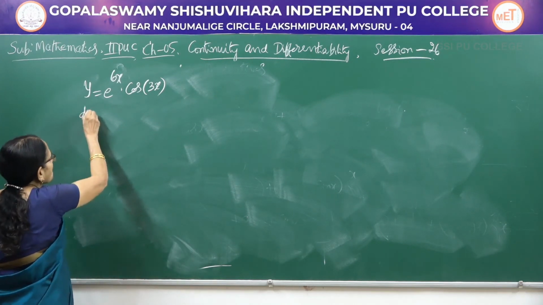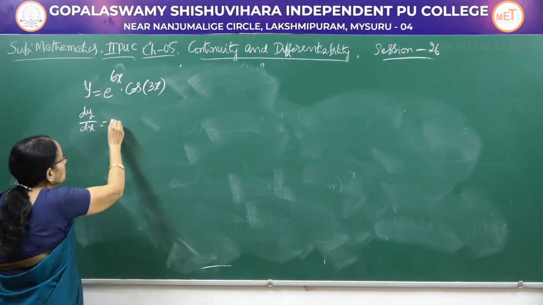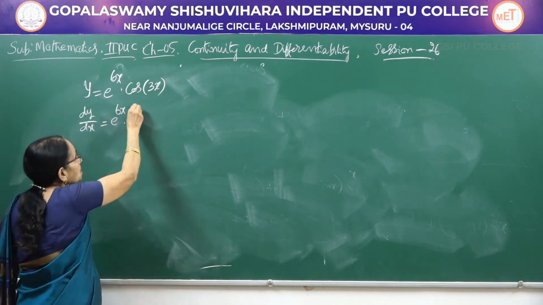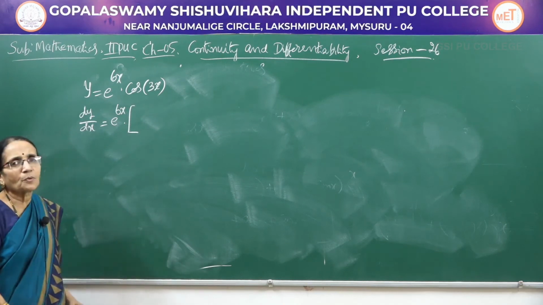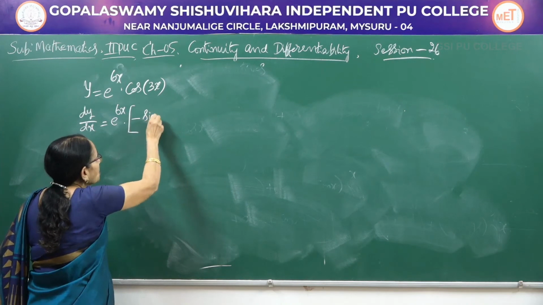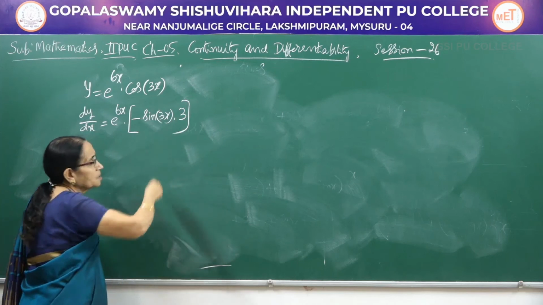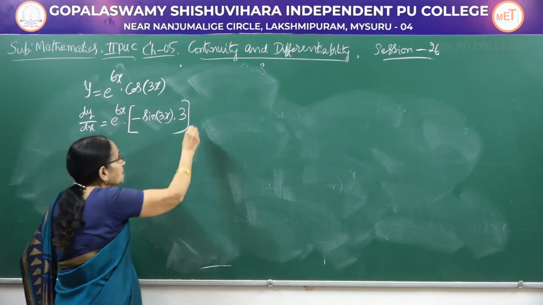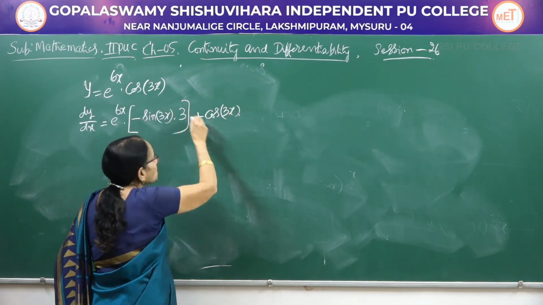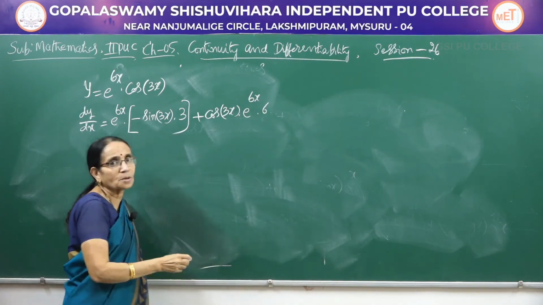Now, let me differentiate once. dy by dx is equal to first function e to the power 6x into, differentiate the second, because the derivative of cos is negative, I write the bracket minus sin of 3x, and for 3x it is 3 into 1, correct, plus second function cos of 3x into, differentiate e to the power 6x, for 6x it is 6.